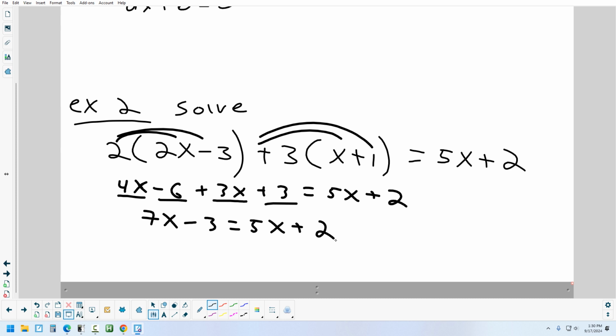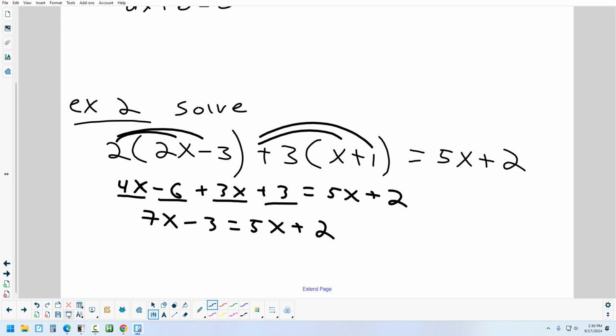All right, so it's getting smaller. What would my next step be? Get all the x's on the same side. Sure, put all the x's on the same side. And how do you want to do that? Subtract 5x from both sides. Yep. And what else could we do at the same time? Add 3.